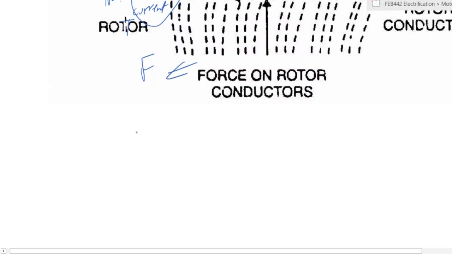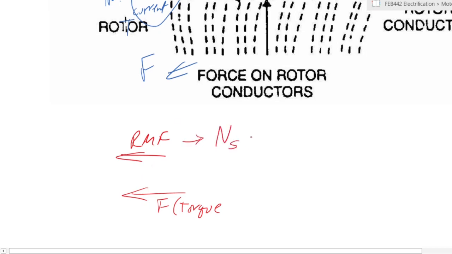So the RMF would move in one direction, and the force or torque would move in the same direction. The RMF would move at a speed which we call synchronous speed. The torque would cause the rotor to move at a speed n, which is the mechanical speed.